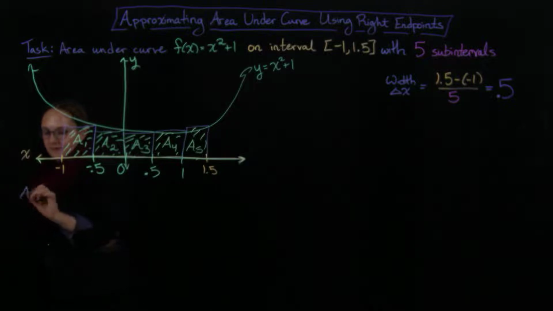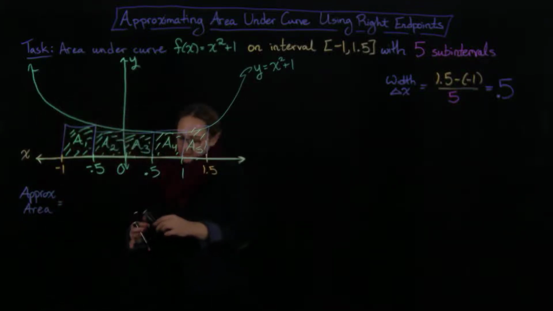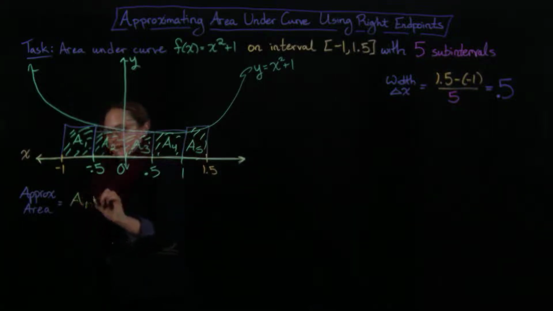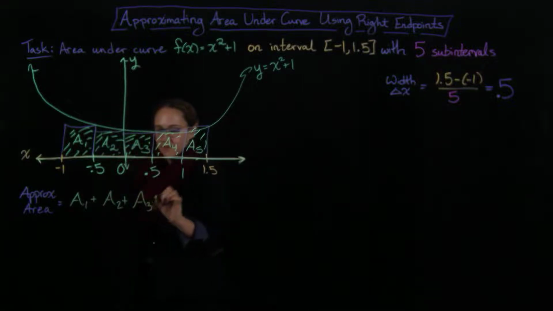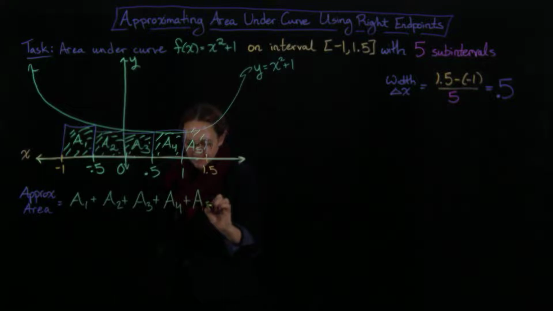We're using these rectangles to approximate the area under the curve, so we need to take the sum of their areas. So I want the area of A1 plus the area of A2 plus the area A3, A4, and A5.